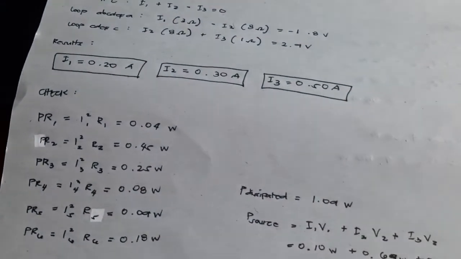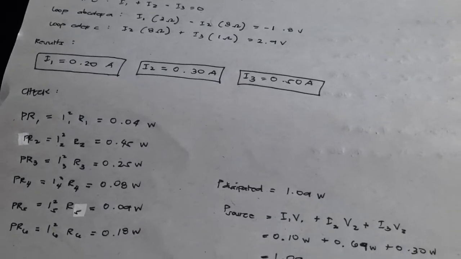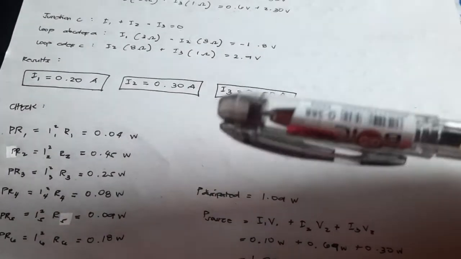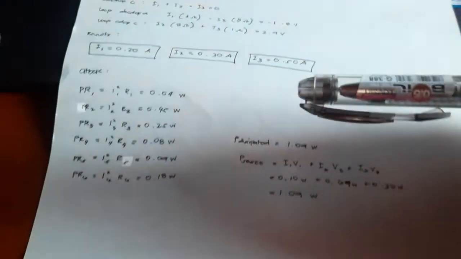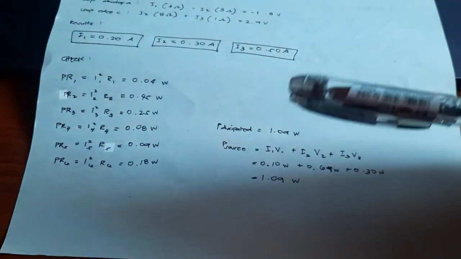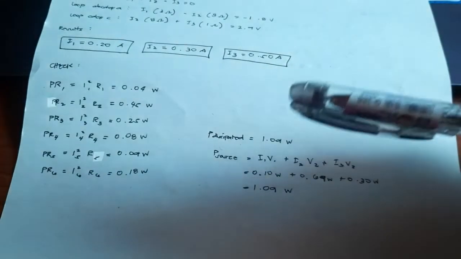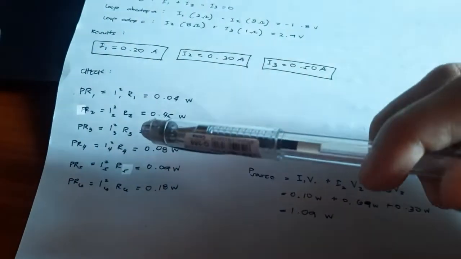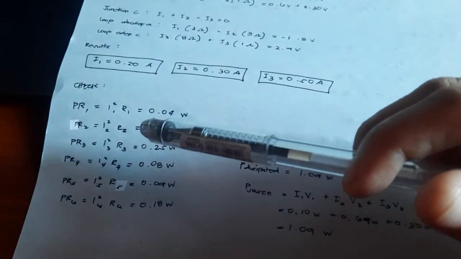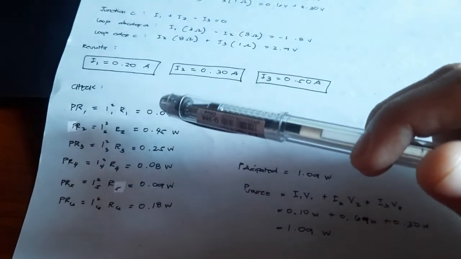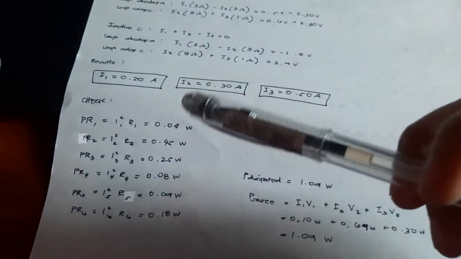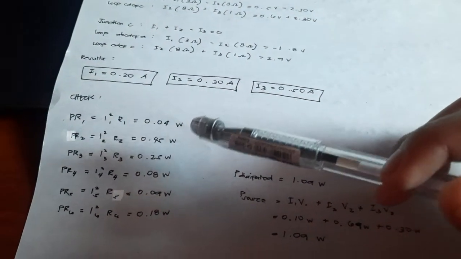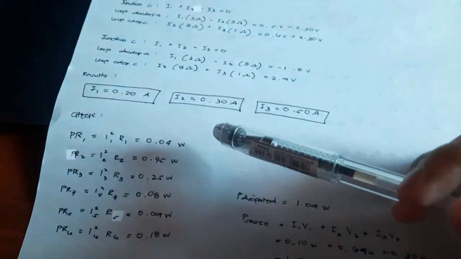So the method to check the calculation is to compute the power dissipated by the resistors and the power supplied by the voltage sources. So PR sub 1 is equals to I sub 1 squared R1, then 0.04 watts.